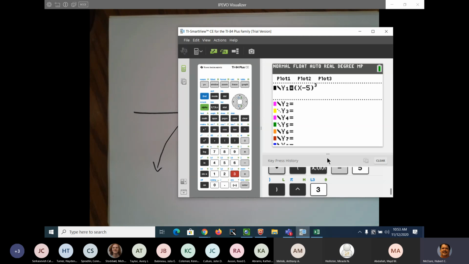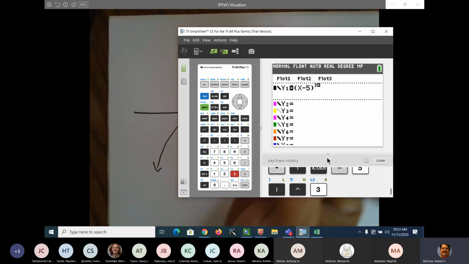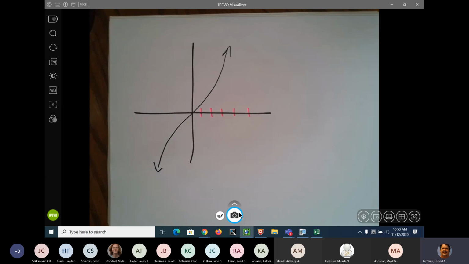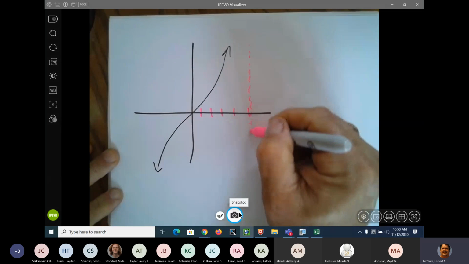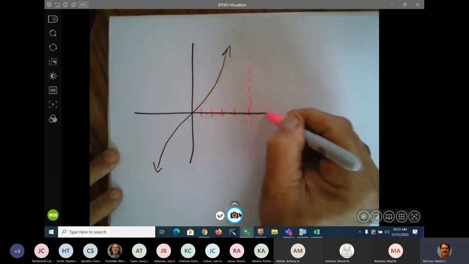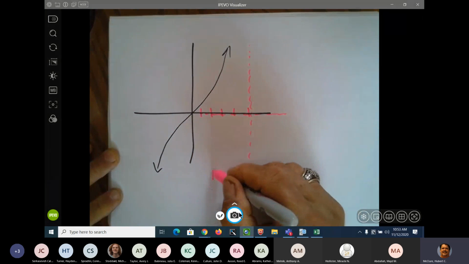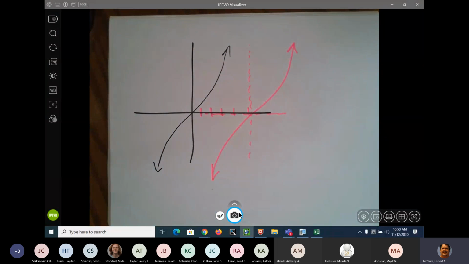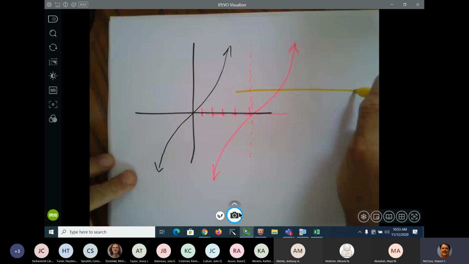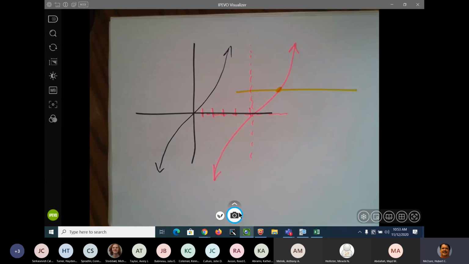Okay. And that's always the opposite. So that means I'm going to move to the right 5 places. And that means my new x and y axis is right here. So the final outcome is going to look like this. And I'm going to draw my horizontal line test through it. And it only crosses one time, so it is a 1-to-1 function.